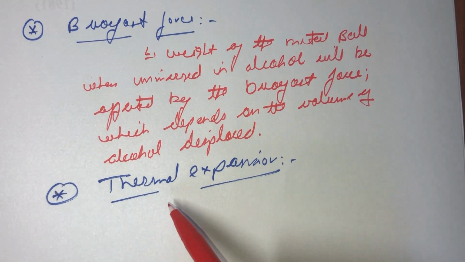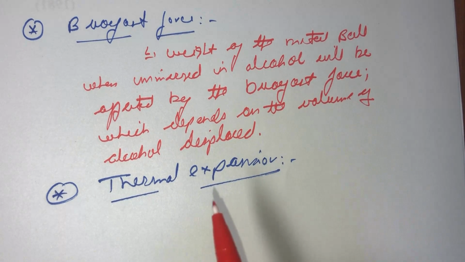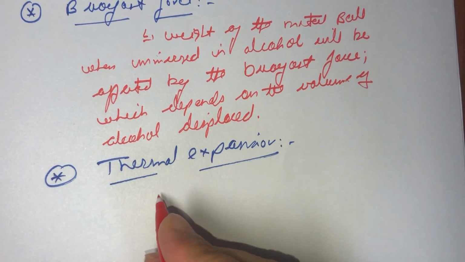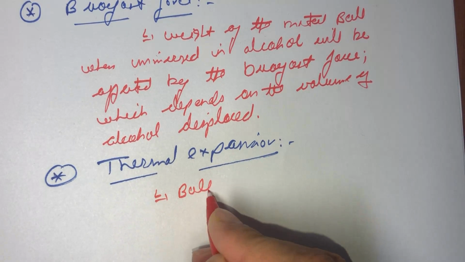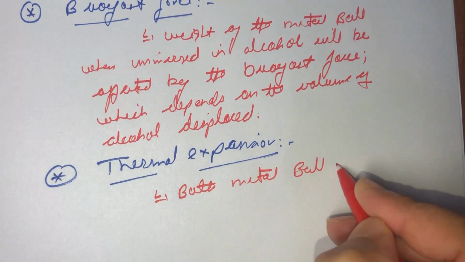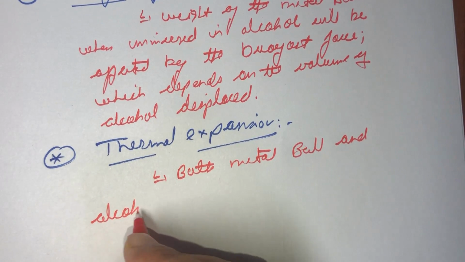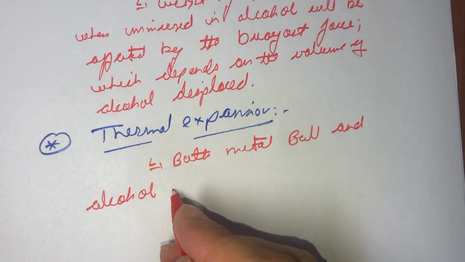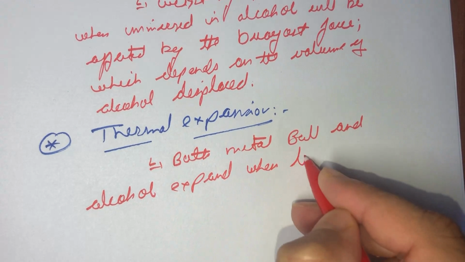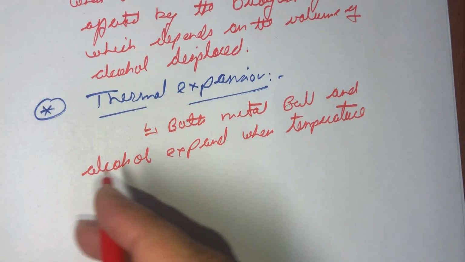With respect to thermal expansion, there is a term called the coefficient of cubical expansion, or sometimes also called volumetric thermal expansion. So you can say both metal ball and alcohol expand when temperature increases.